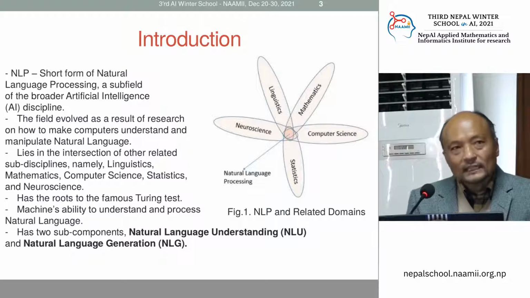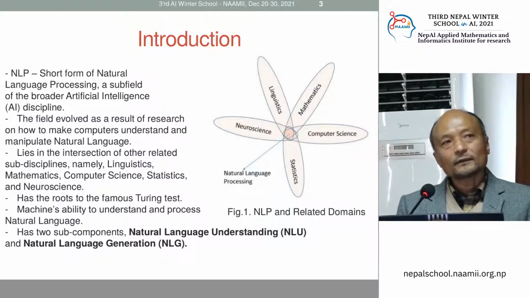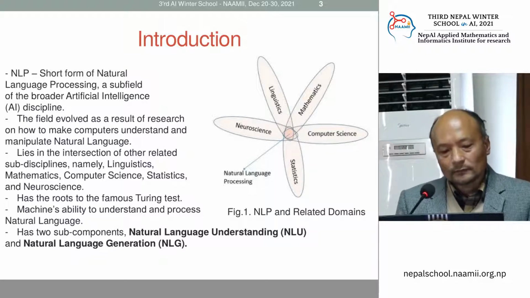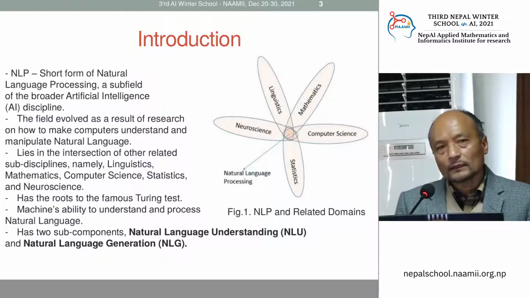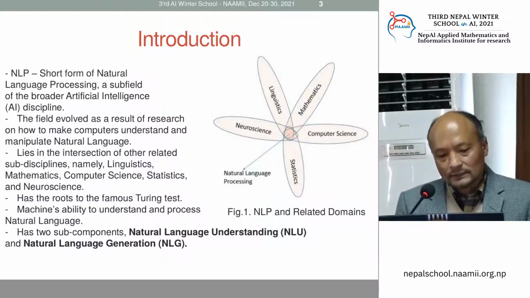So NLP has its roots in the famous Turing test, right? Conducted by Alan Turing, and basically NLP deals with making the machine understand natural language, and at the same time enabling the machine to generate human language or natural language in the same quality as we humans communicate with each other.